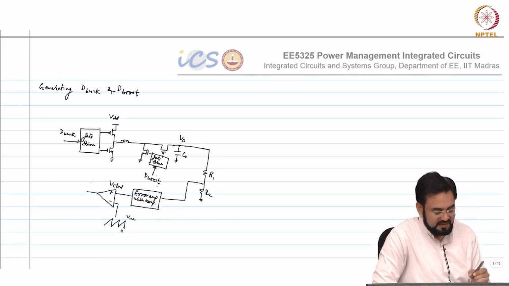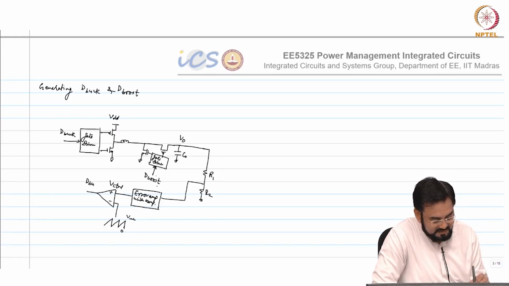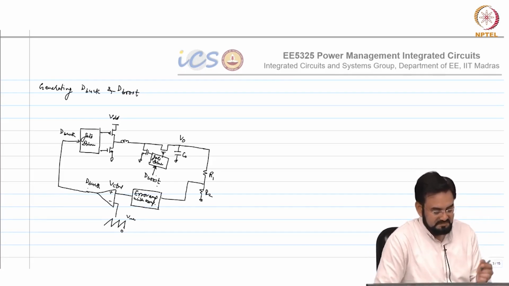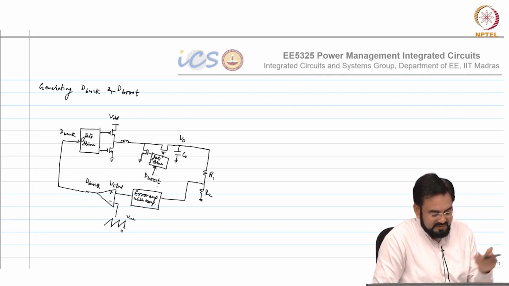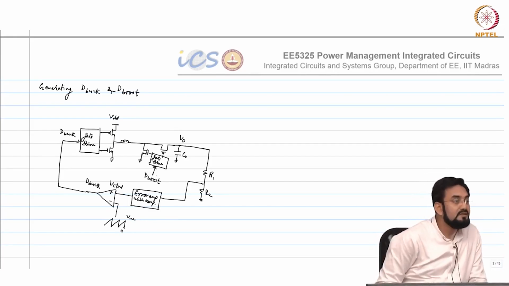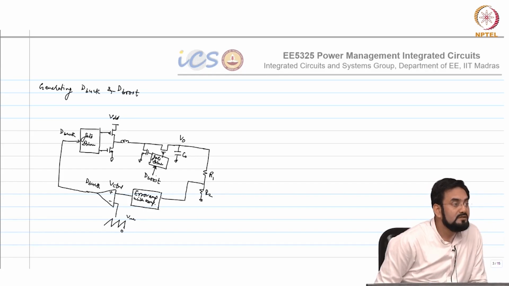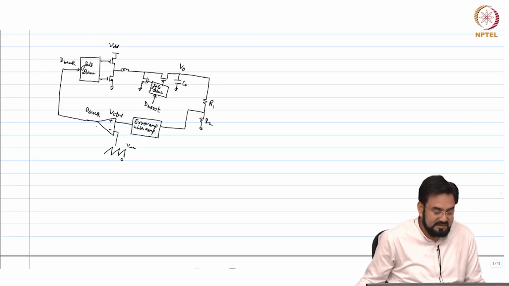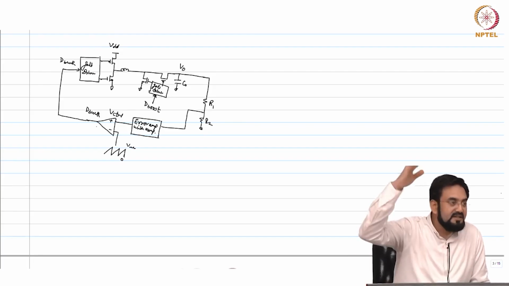Now we need another. So let us say this is Dbuck. So this is very straightforward. How will you get the boost? I mean, from the same controller we want two duty cycles here, Dbuck and Dboost. Yeah. So we need one more sawtooth with a shifted Vm.